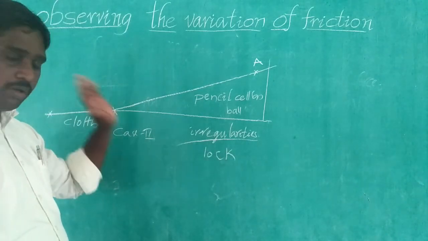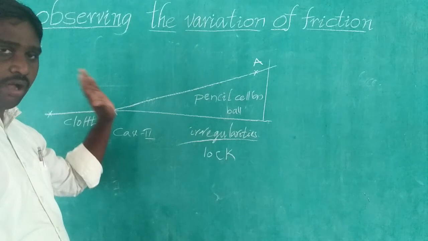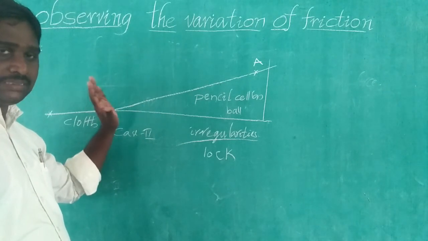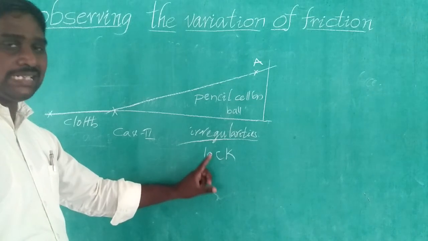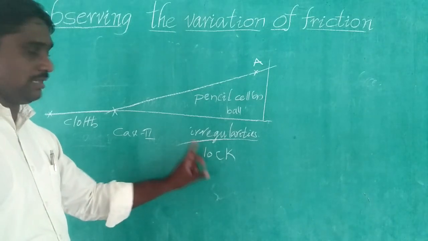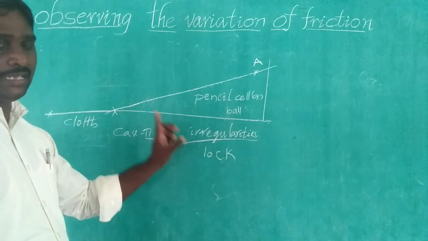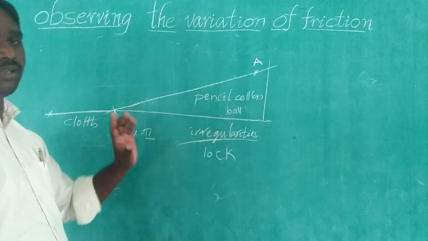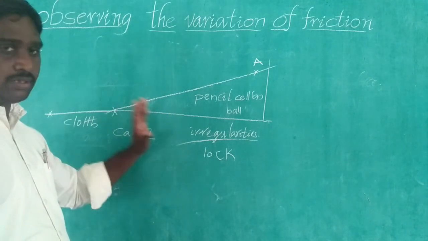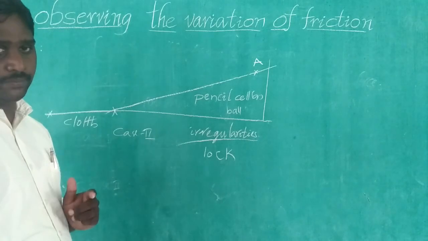That's why we apply force on a book, a pencil cell, or a heavy box, to overcome the interlocking of irregularities of both surfaces at a time to start the body's motion.